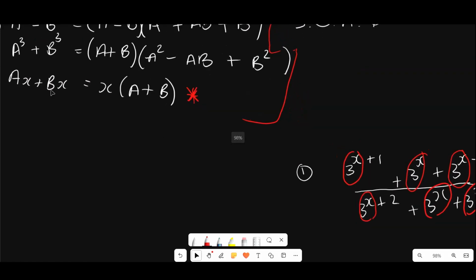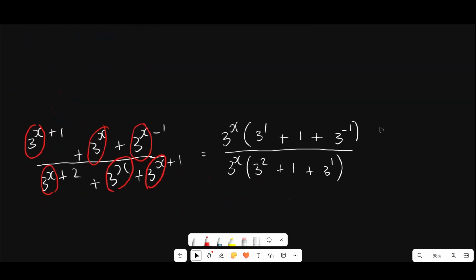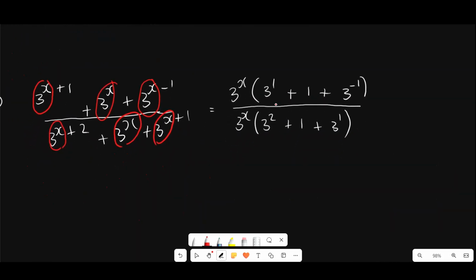We took out the common number, rather something that is common in all these three, and then you take it outside, right, and write whatever is left. So you can see that we took out 3x here, so what I'm left with is 3 to the 1, because we know that 3x times 3 to the 1 will give us 3x plus 1, and then is the same as that.